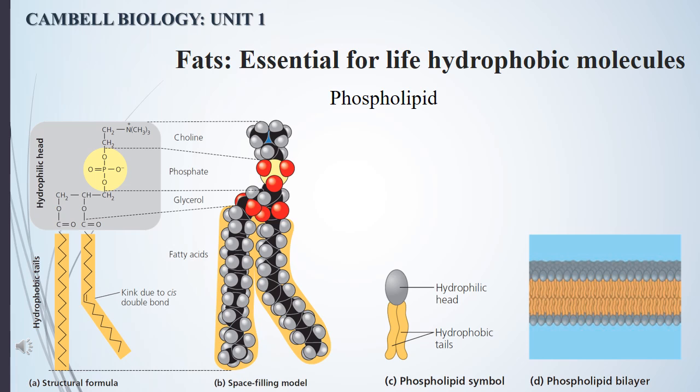And the overall structure of a phospholipid is as follows. It has a choline head, phosphate, glycerol, obviously, and 2 fatty acids, and one of them is unsaturated.